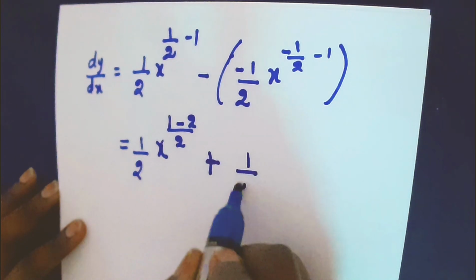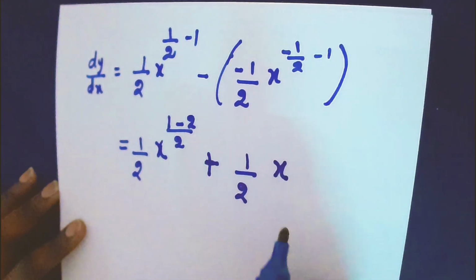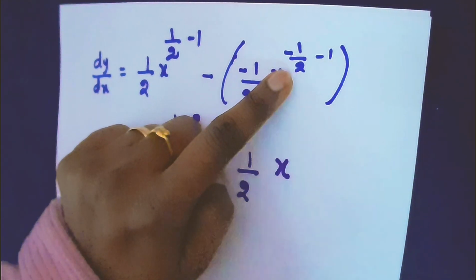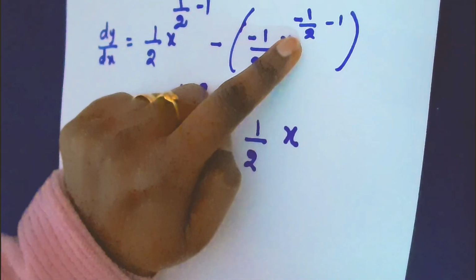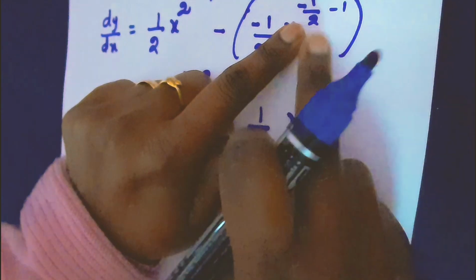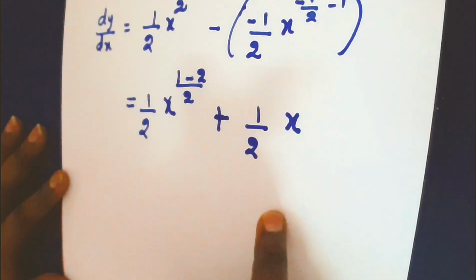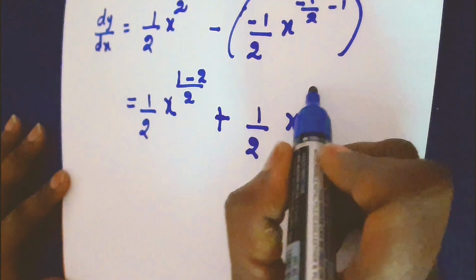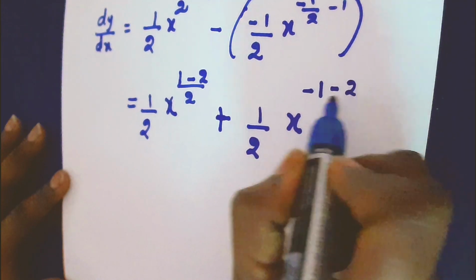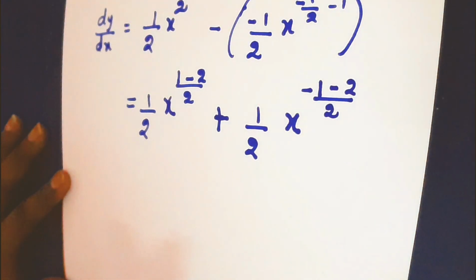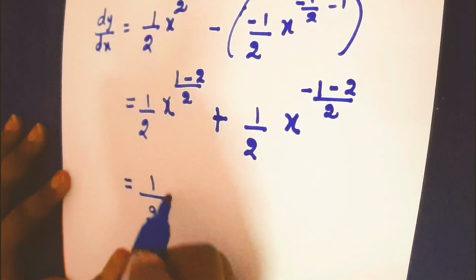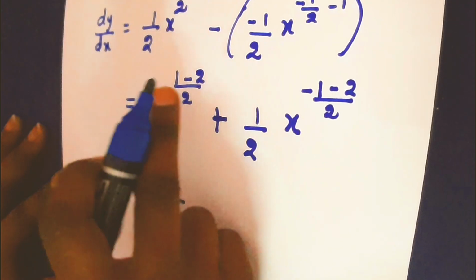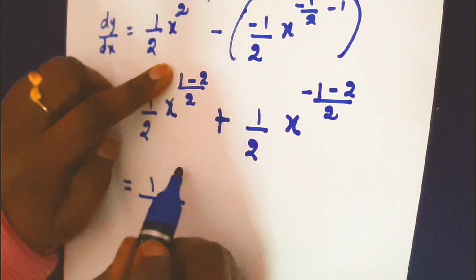So what you have is half times x to the power, again take the LCM, so 2 into negative 1 will become negative 2. I can write this as minus 1 minus 2 whole term divided by 2, which is equal to half times x to the power, what is 1 minus 2?